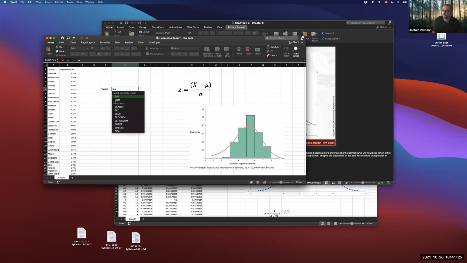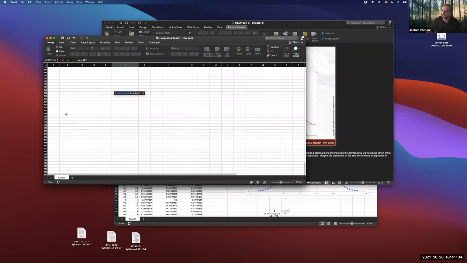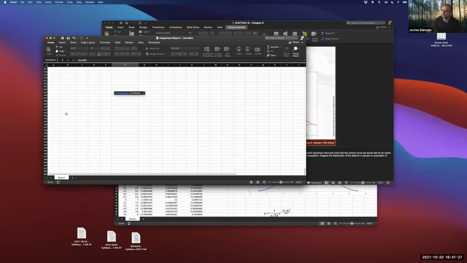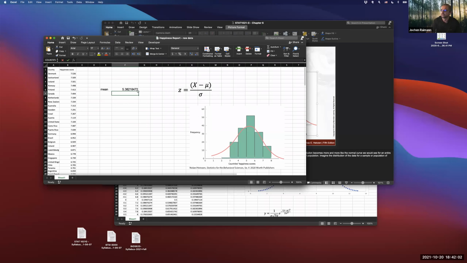This is the sum of B2 to B158, divided by count B2 to B158, right? That's 5.382.